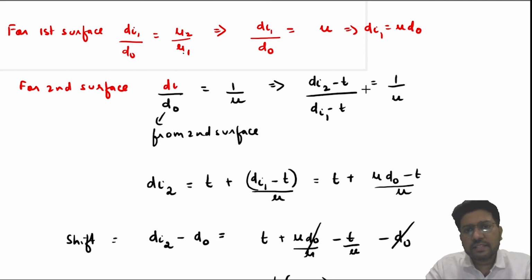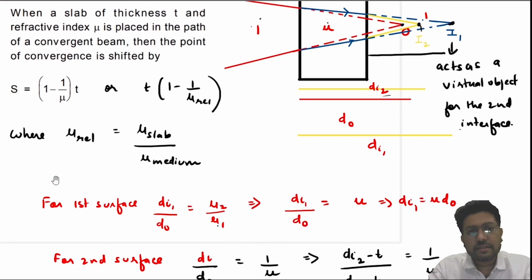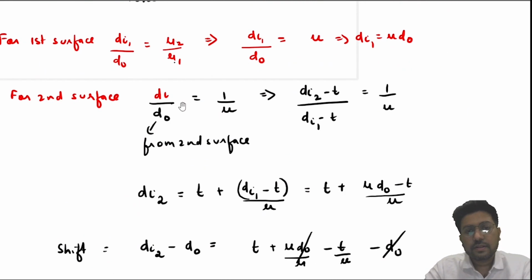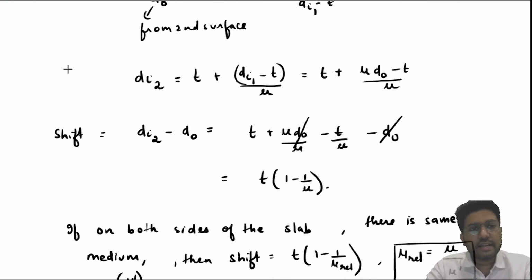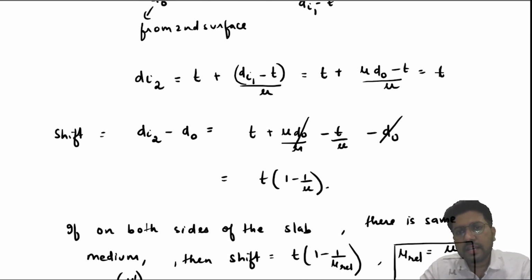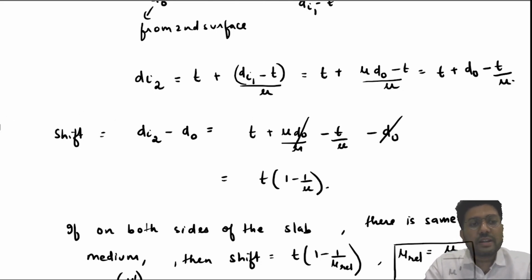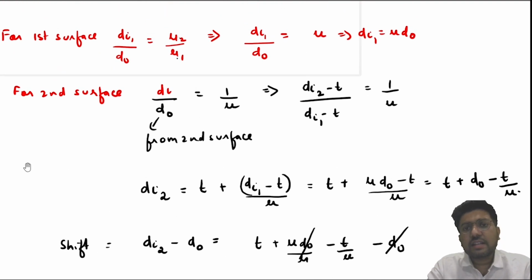Now when you solve this, you will get di2 is equal to T plus di1 minus T divided by mu, and di1 was mu do, as we saw from here. So you will get T plus mu do by mu minus T by mu, that is equal to T plus do minus T by mu, with mu cancelling. Now what is the shift?